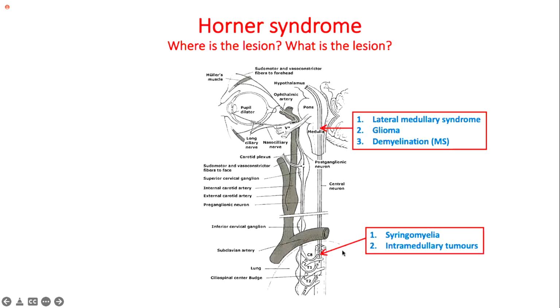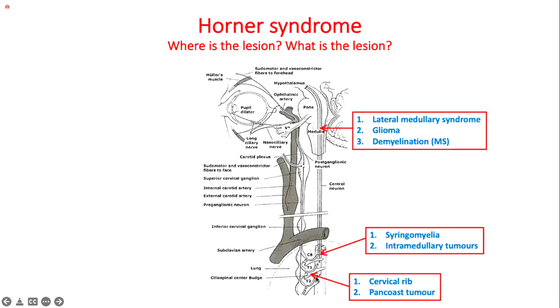You can have a demyelinating plaque in the brainstem. The lesion could be where the nerve is coming out into the superior cervical ganglion, through the first thoracic level. Here you get the cervical ribs also. Now within the spinal cord you have the lesion of a syringomyelia or intramedullary tumor. As the nerve fibers come out, a cervical rib or a Pancoast tumor.